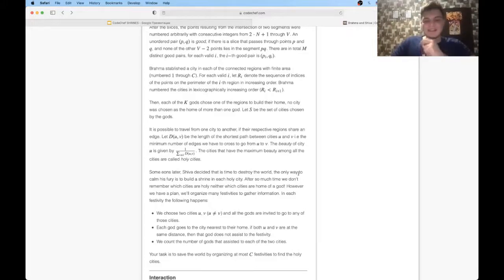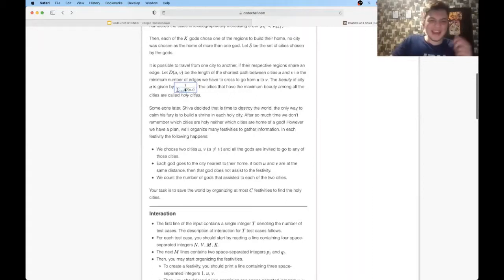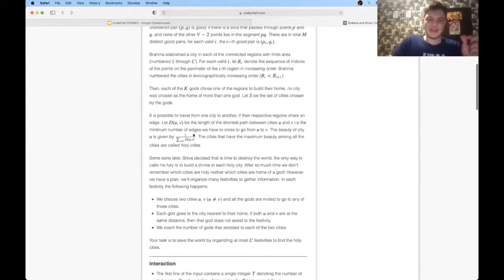And now we have this final definition, which is holy cities. Holy cities are cities that minimize the sum, which is basically the sum of the distances from some vertex to everything else. In other words, K vertices are chosen by gods, and this is our set S.